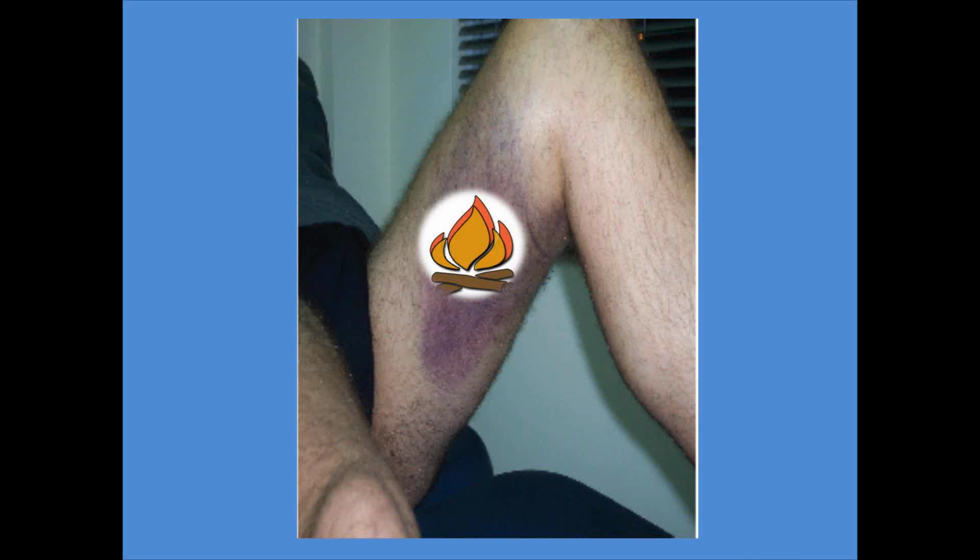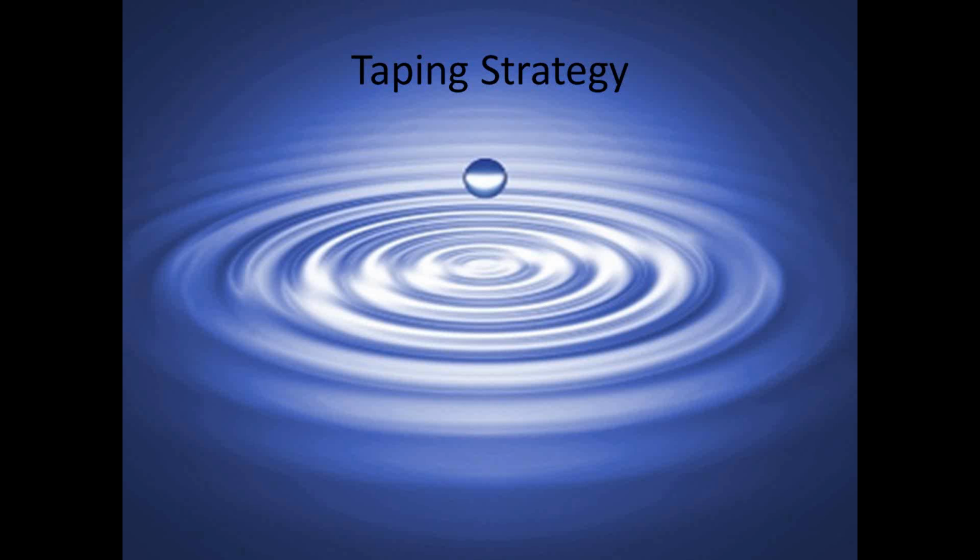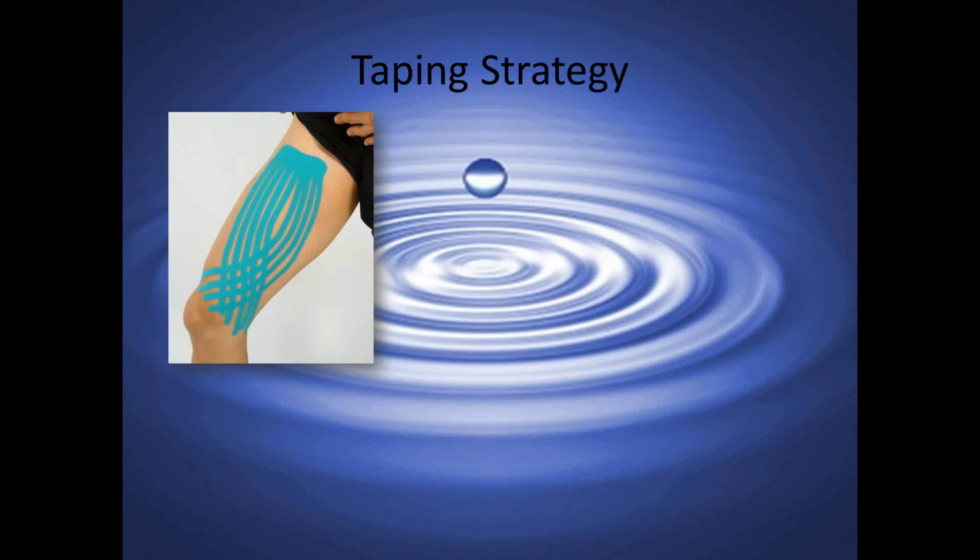So an effective taping strategy that we would use for that is utilizing lymphatic applications. Now, SpiderTech does offer the most complete line of kinesiology taping products, ranging from rolls to pre-cut strips to full pre-cut applications. So really the choice is yours which type of product you're going to use within your practice.